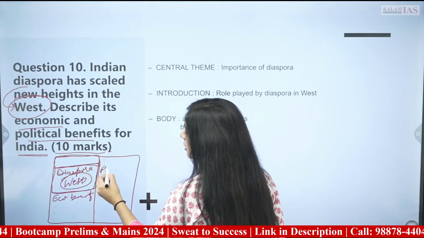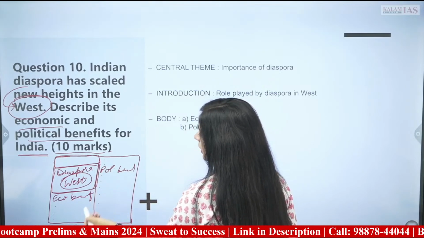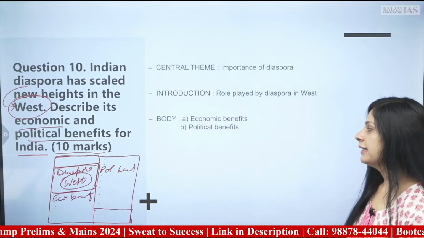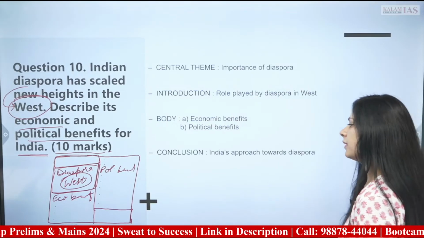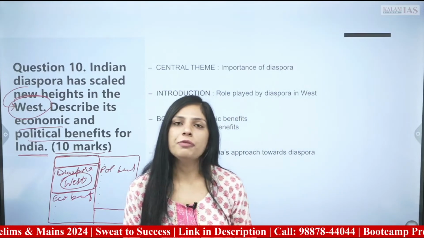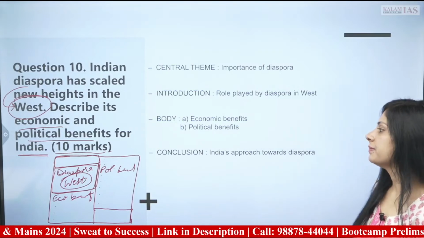Here you can start political benefits. You can come up till here and then conclusion. So this is how you can organize your space of 2 pages for attempting this answer, right?